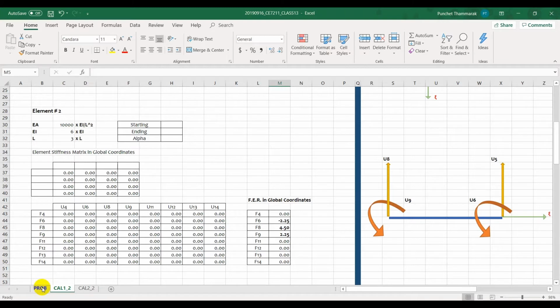For element number 2, we have to set up the starting node being this one here, and ending node is this one here, which is the number 3 and number 2, because we named this node number 3 and this node number 2. So the local coordinate x is pointing towards the right.